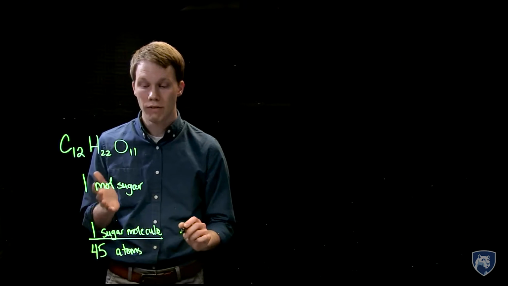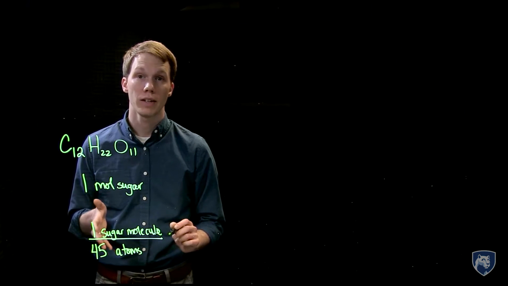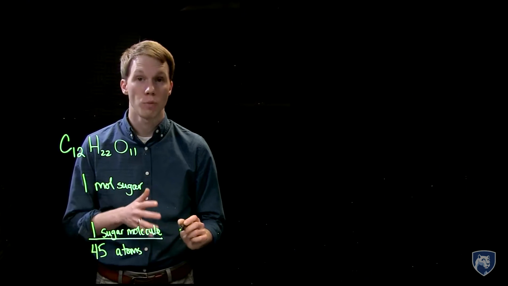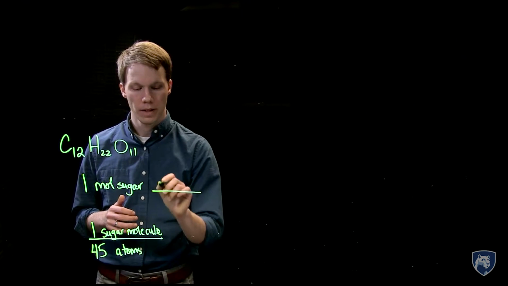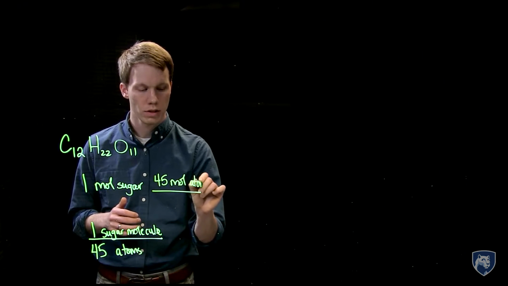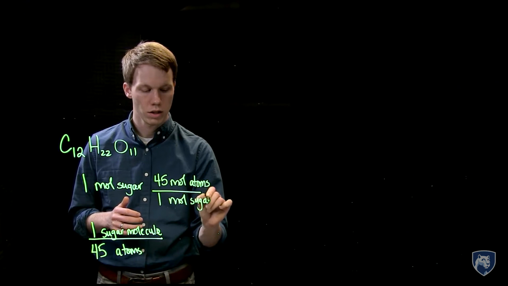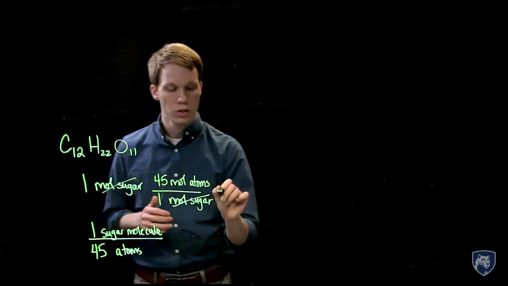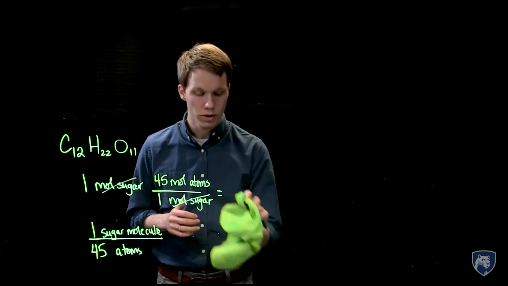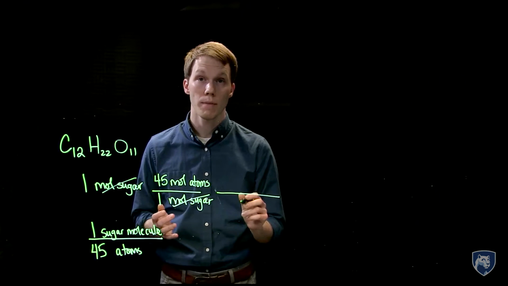So again, for every 1 mole of sugar molecules, I have 45 moles of atoms. So 45 moles of atoms per 1 mole of sugar. So I have 45 moles of atoms, but I'm going to total number of atoms.